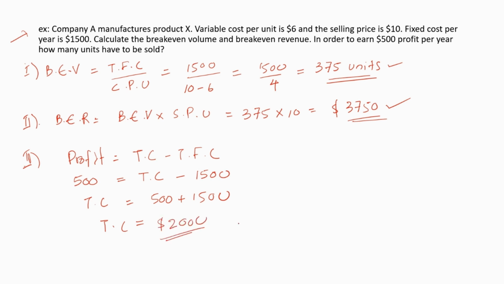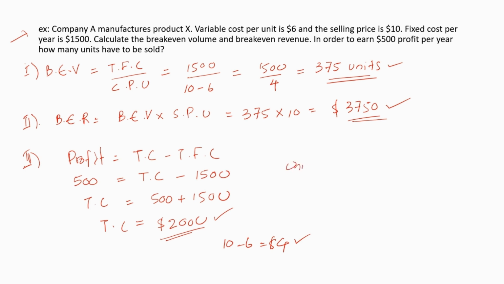Now we know the total contribution and we know the contribution per unit, which is 10 minus 6, $4. Using these two values, we can calculate the number of units the business has to sell in order to make a $500 profit.